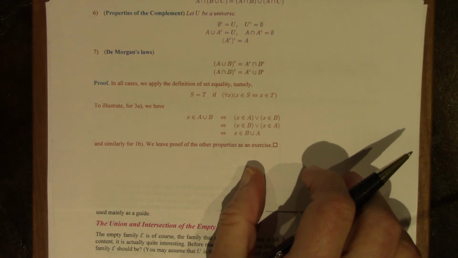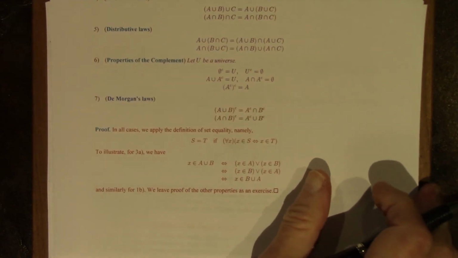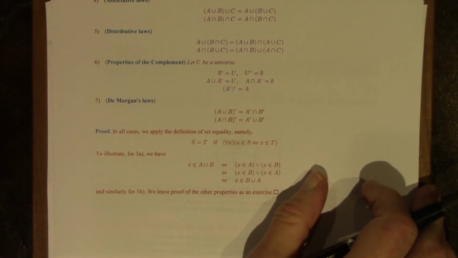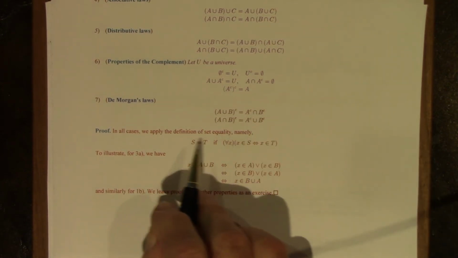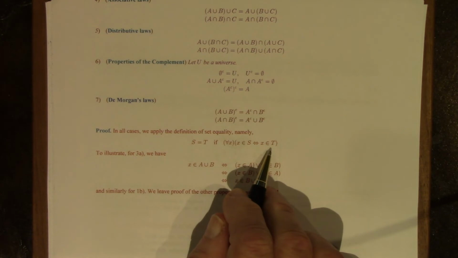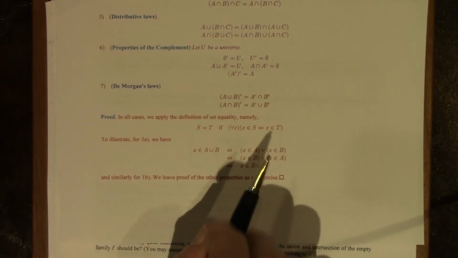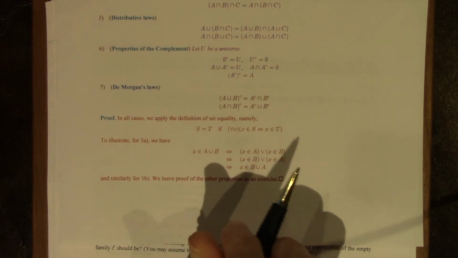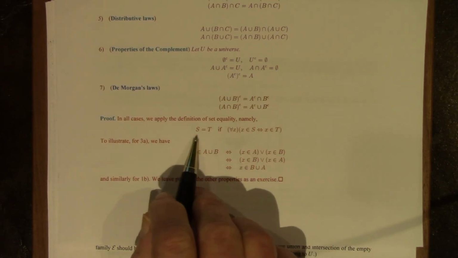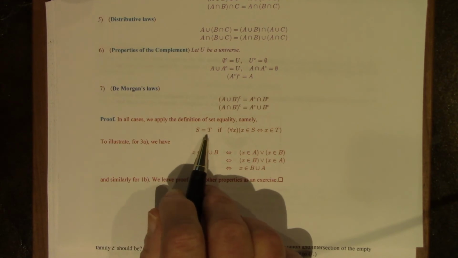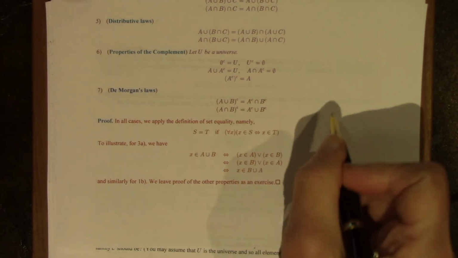To prove all these is pretty much a matter of just applying the definition of equality of sets. Two sets are equal if they have the same elements, or to use the subset property: two sets are equal if and only if each is a subset of the other.